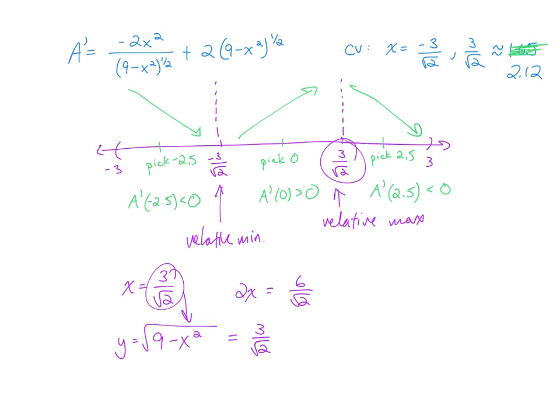Now, if you like rationalizing, this is equivalent to saying 3 square root of 2 over 2, and this is equivalent to saying 3 square root of 2. But just for simplification purposes, these are good answers for me. And these are more traditional answers you would find, say, in the back of the book or something like that.